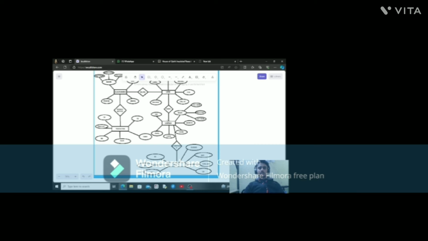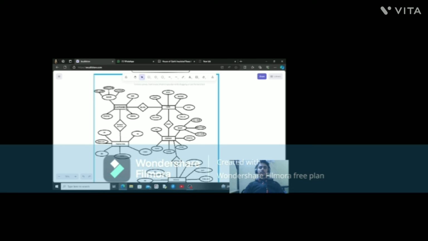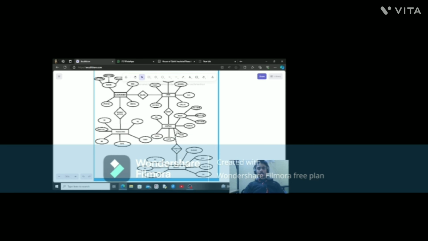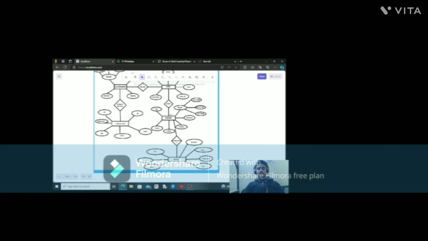Here also the primary key is OID, meaning owner ID. One customer can buy only that particular owner's car. It is not that multiple customers buy the same car; it will be unique. The customer will buy only that particular car. So the relation we can see between the car and owner is that the owner owns the car.